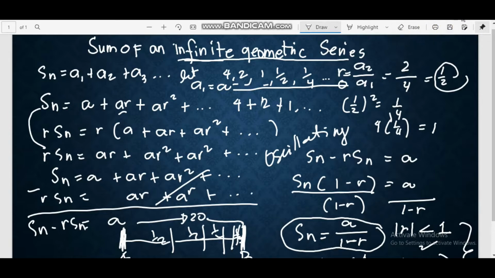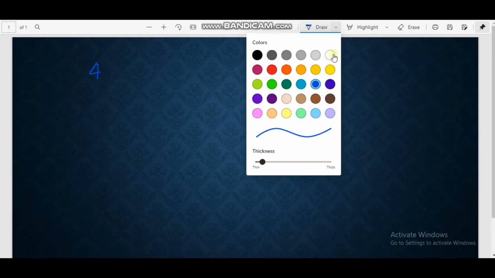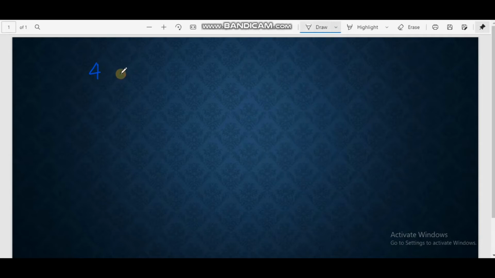So let us take an example. The geometric sequence is 4, 2, 1, 1/2, and so on. Obviously, the common ratio here is 1/2.